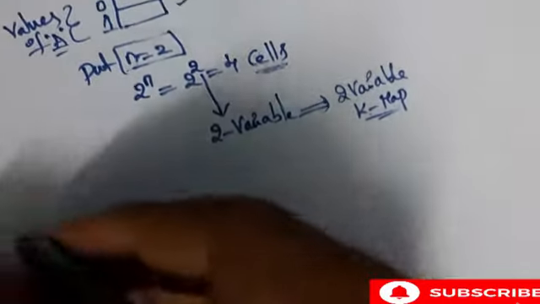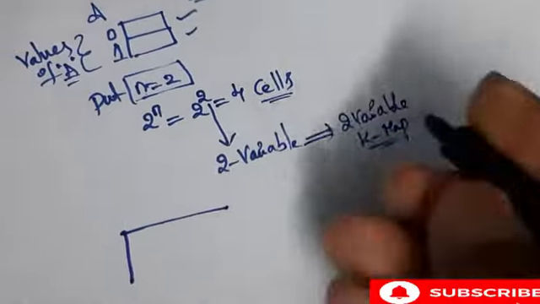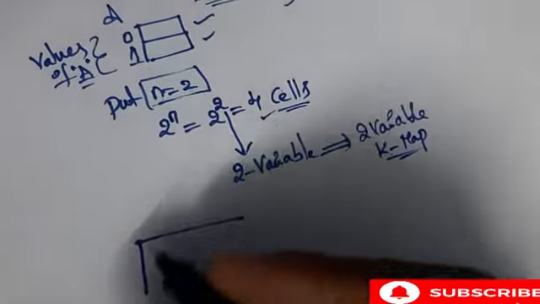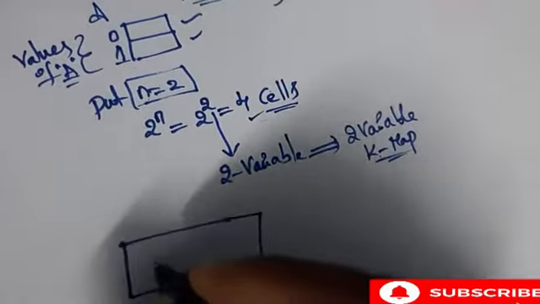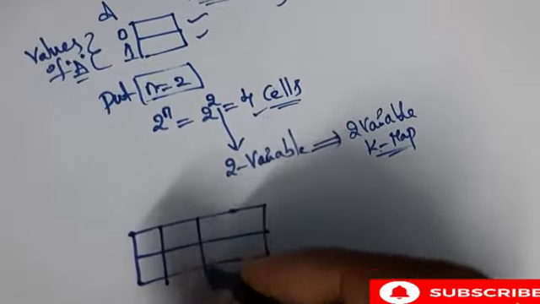Let's see how many boxes. 4 boxes, right? 1, 2, 3 and 4.